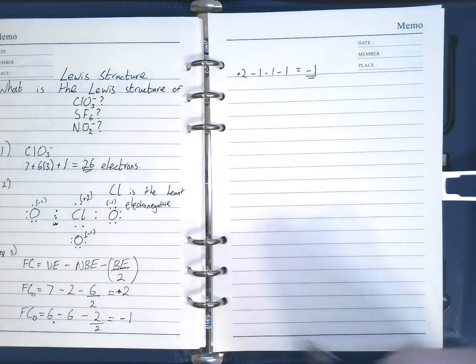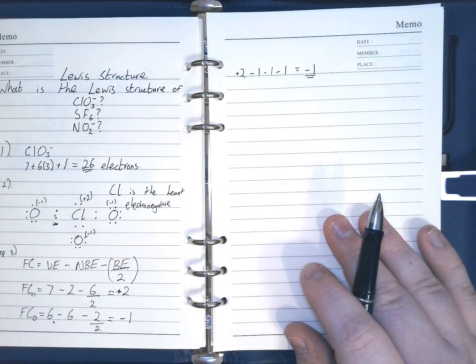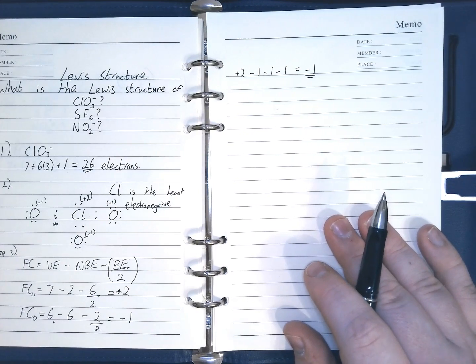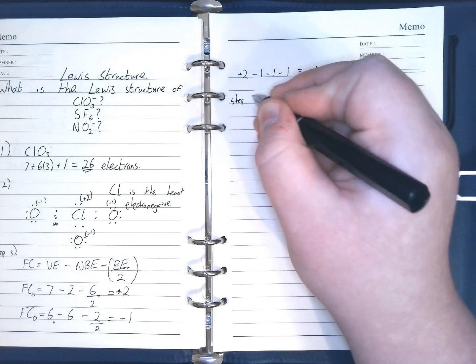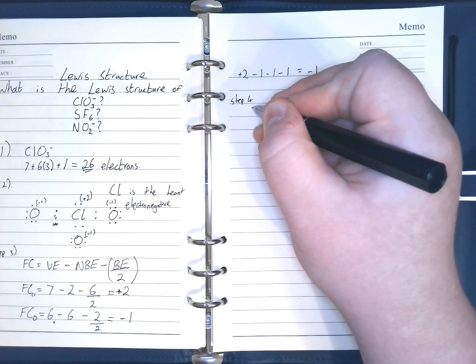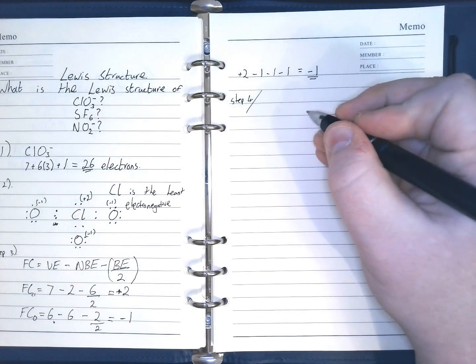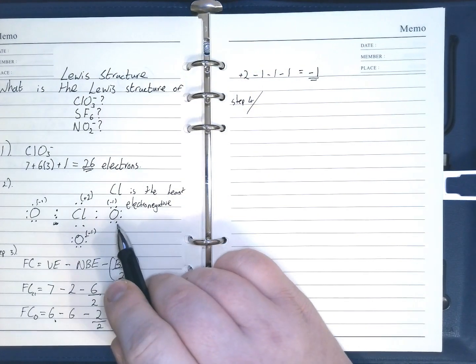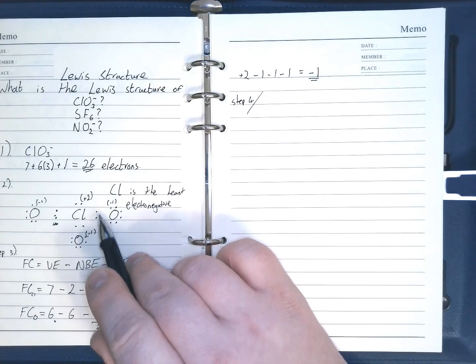So in this case, if we want to make this equal to 0, we're going to start bonding with double bonds. The first thing we're going to do is follow step 4. Let's just write step 4. So step 4, we're going to move this lone pair here, and we're going to put this lone pair into a double bond.